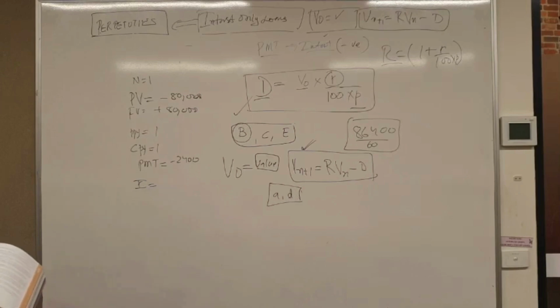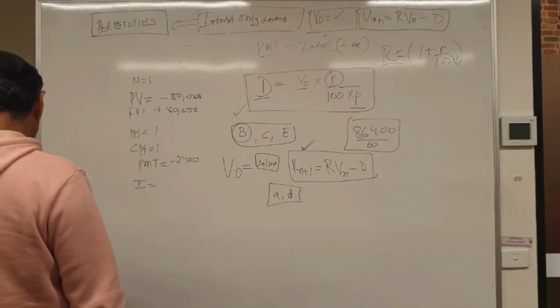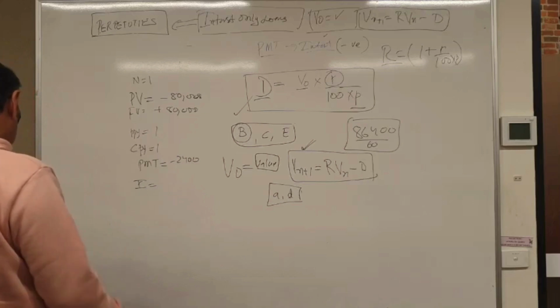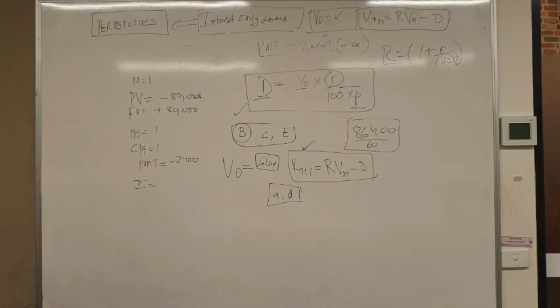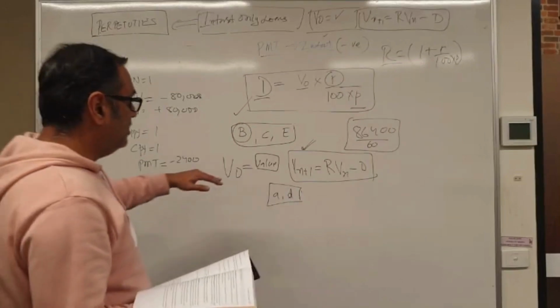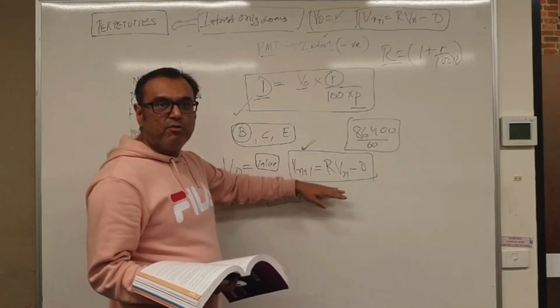Let's look at B. See here, P0 does not make any difference, because the question has not given me the starting value, so I should safely ignore the starting values, the P0s. The hidden trick is in this formula.